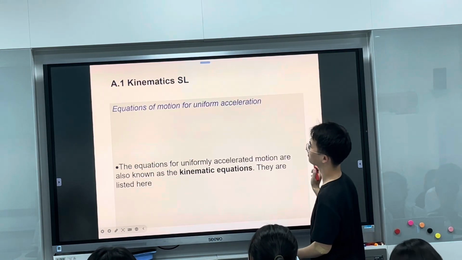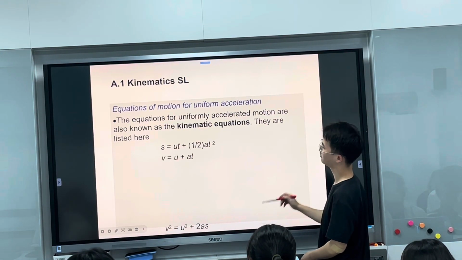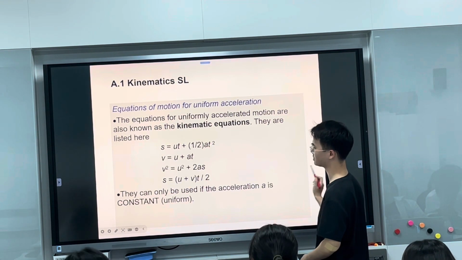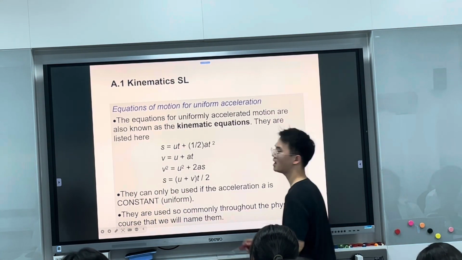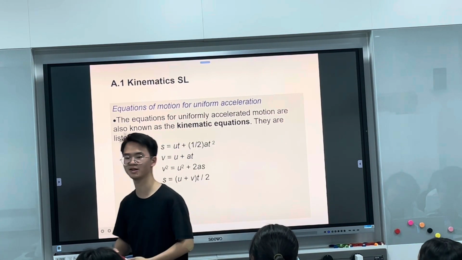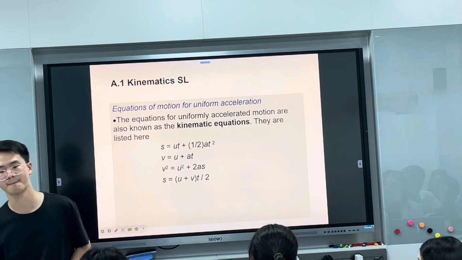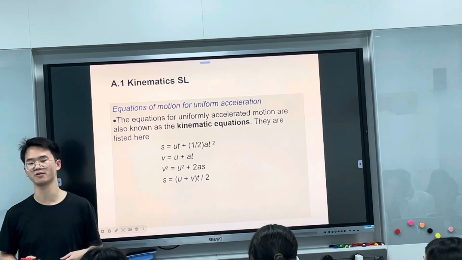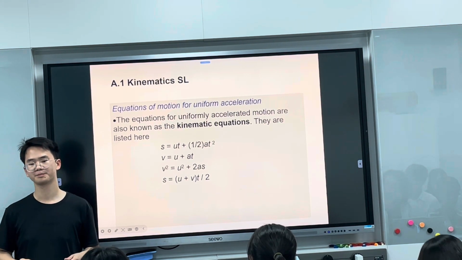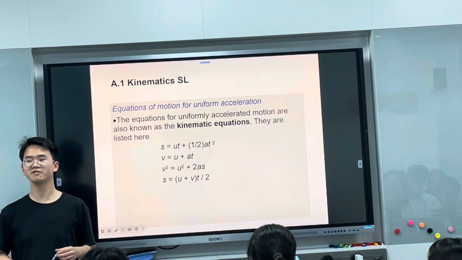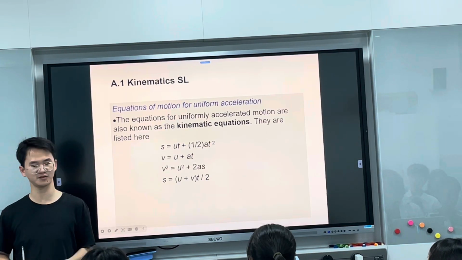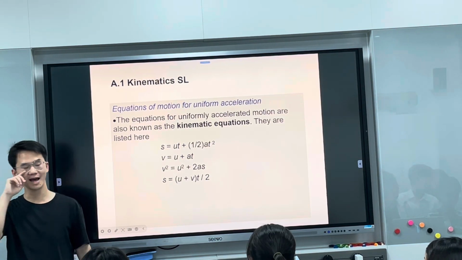So that's our SUVAT equations. Make sure you remember all of them because you're going to constantly need them. And what's the condition to apply those SUVAT equations, Nancy? When can you apply the SUVAT equations? In free fall, sure. What kind of feature does free fall have? It has acceleration.